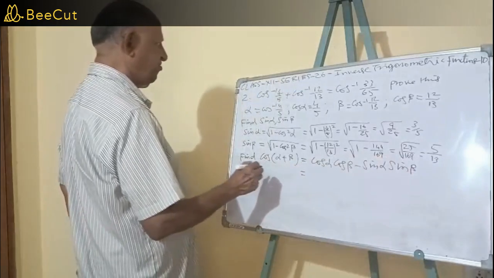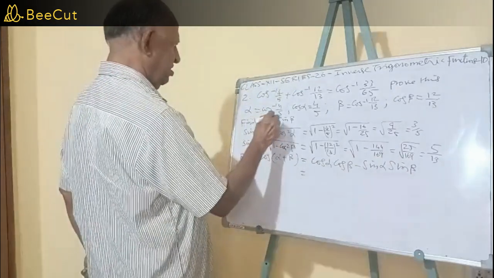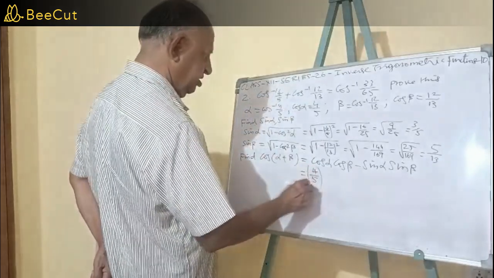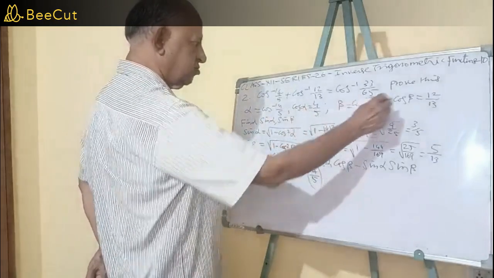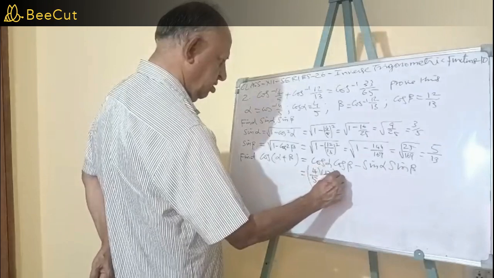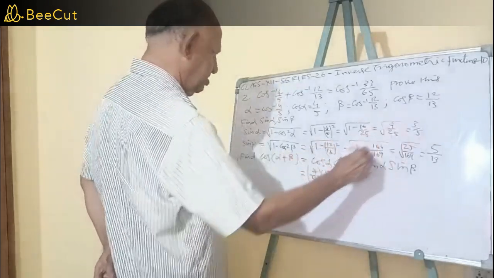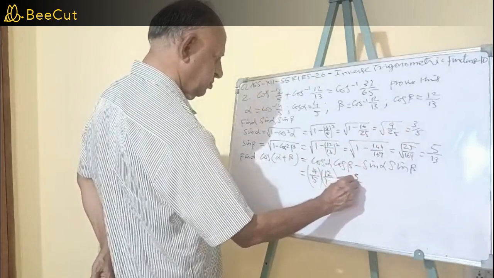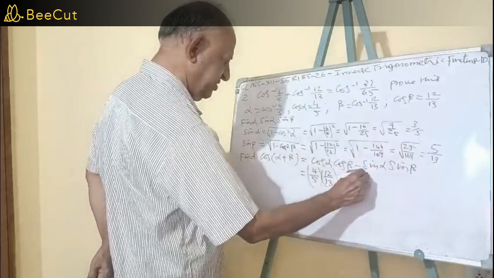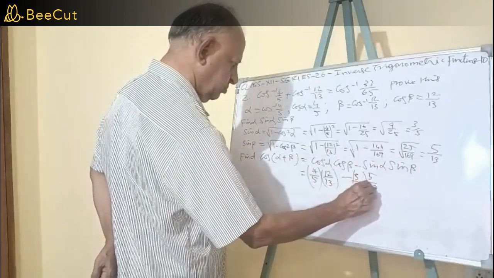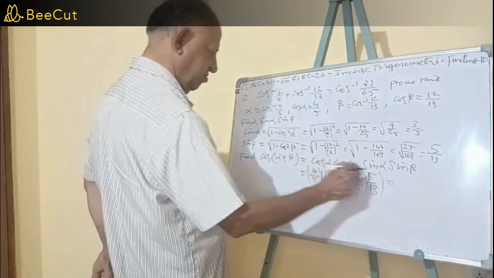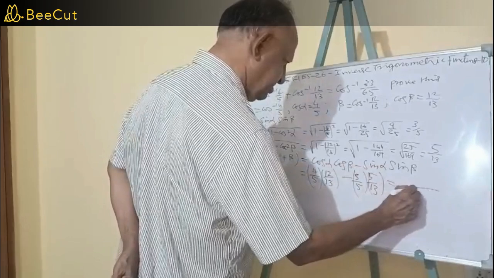Substituting, we have cos alpha, which is 4 by 5, into cos beta, which is 12 by 13, minus sin alpha, which is 3 by 5, into sin beta, which is 5 by 13. The denominator is 65.